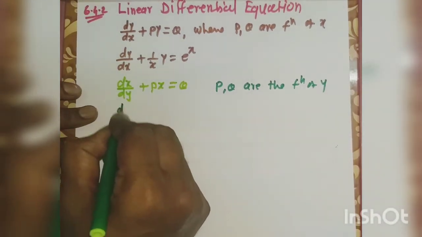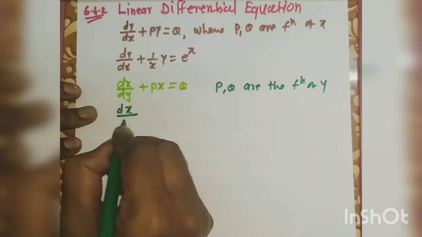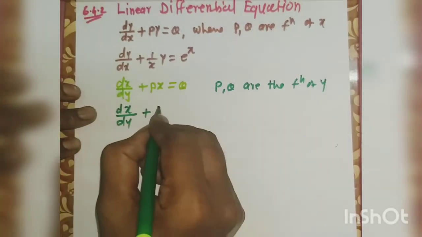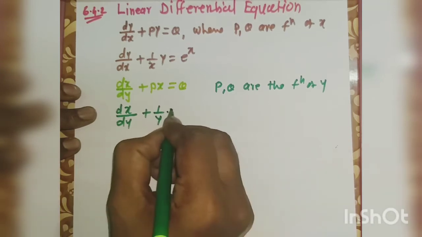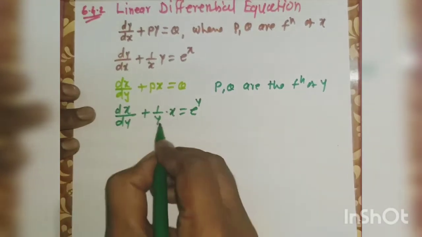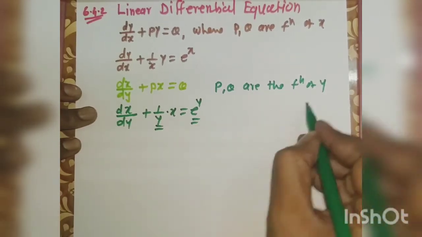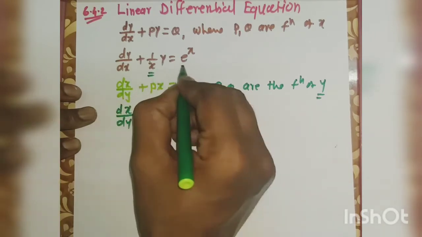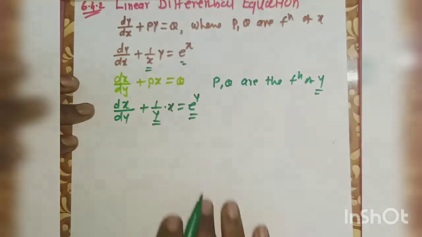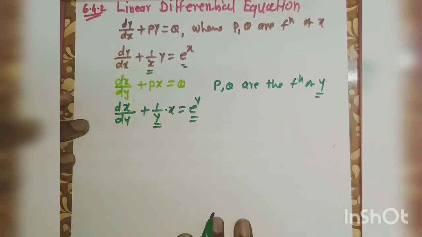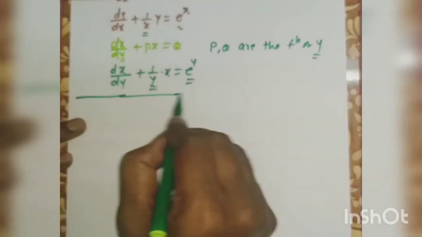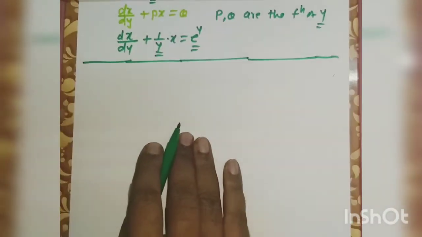That means we take the example dx by dy plus, the same example, 1 divided by y into x is equal to e raised to y. That means here p and q are functions of y, and there p and q are functions of x. Such types of differential equations are called linear differential equations. Now we see how to solve the linear differential equation.